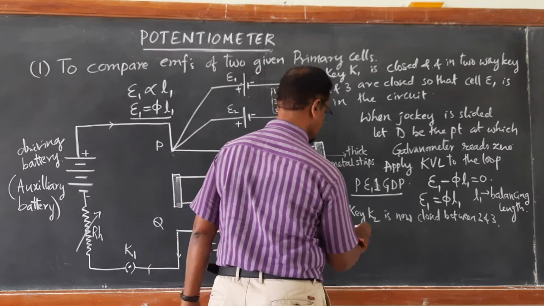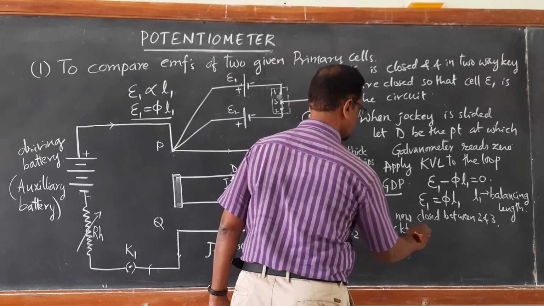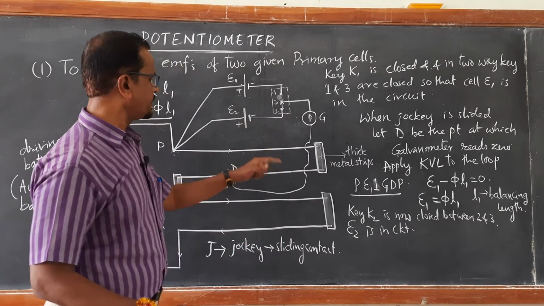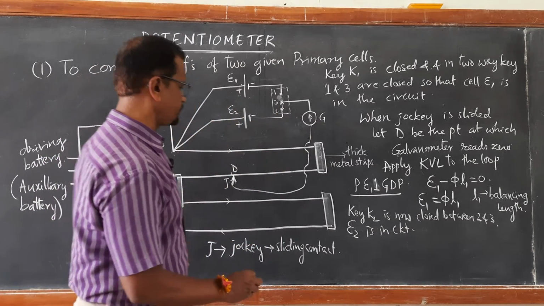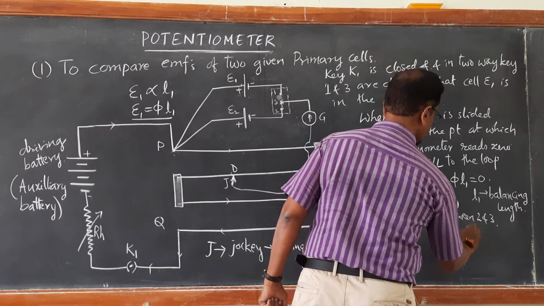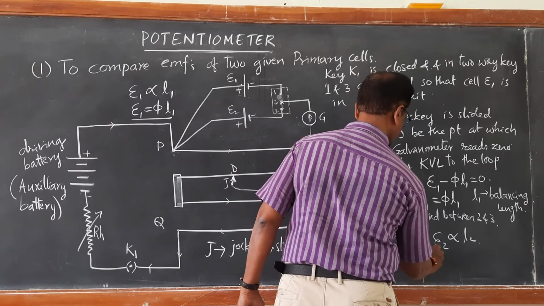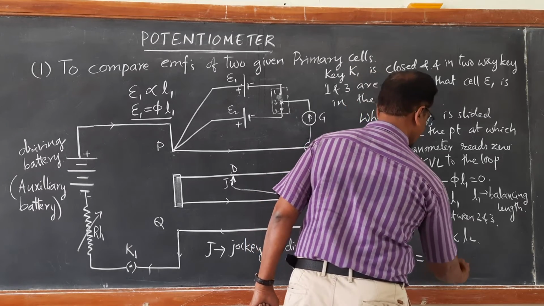Now E2 is in circuit. When E2 is in circuit, directly I can write E2 is directly proportional to L2. So this implies E2 is equal to phi L2, where L2 is another balancing length.